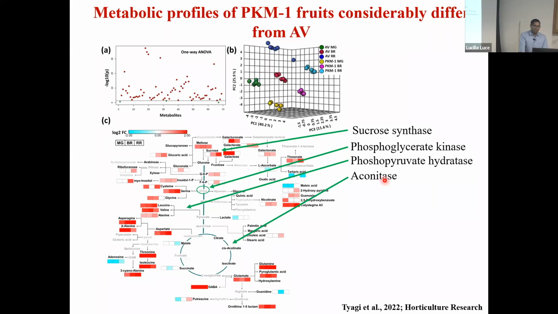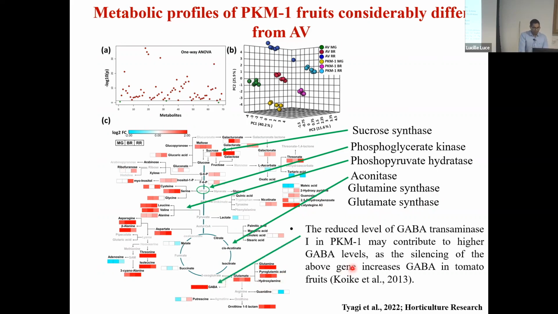We also found a high level of aconitase. So we believe that a high level of aconitase may be pushing precursors for the synthesis of glutamate. And we found two more proteins, glutamate synthase and glutamine synthase, which may be responsible for the high level of glutamine and glutamate.